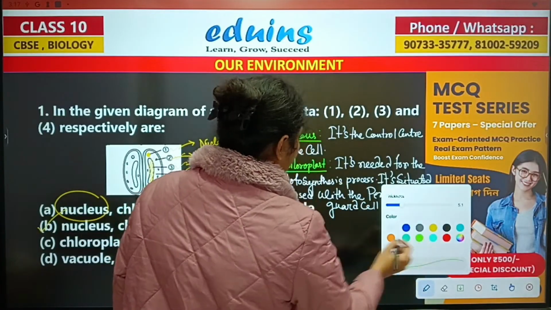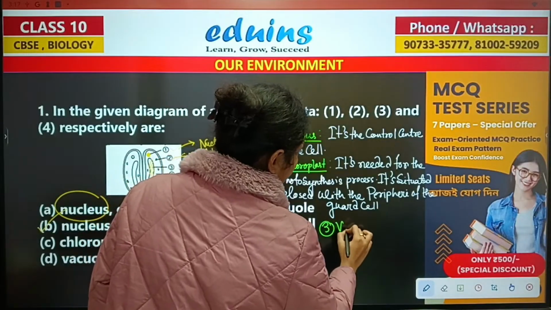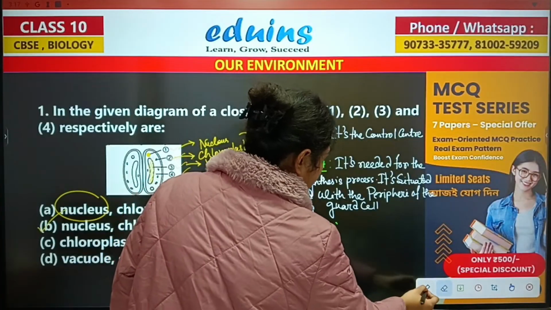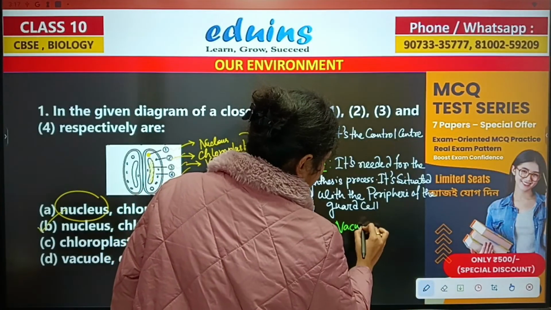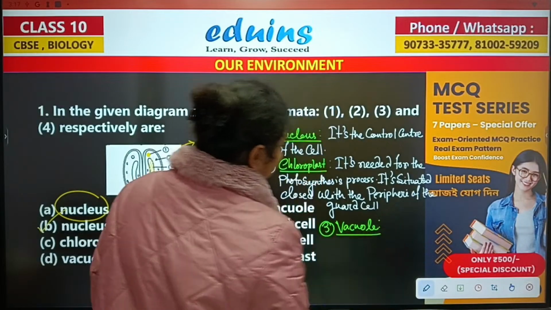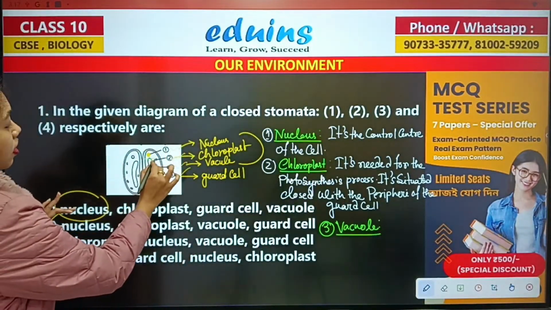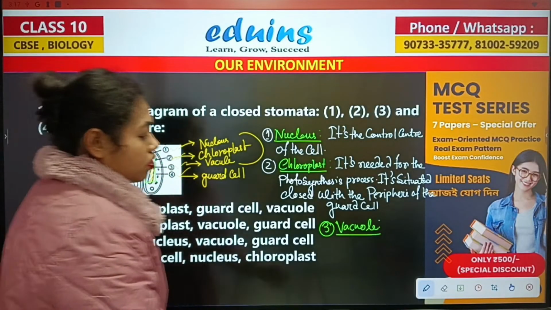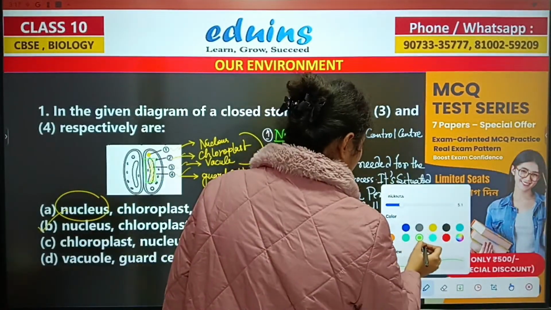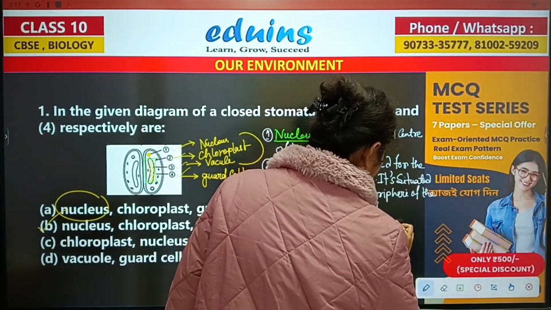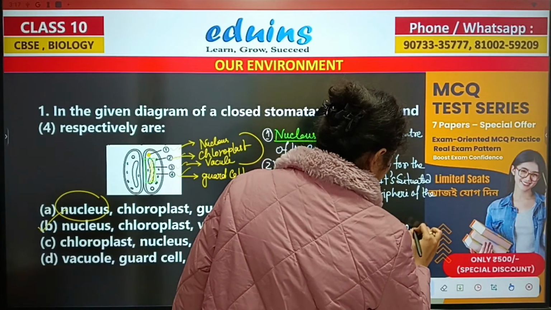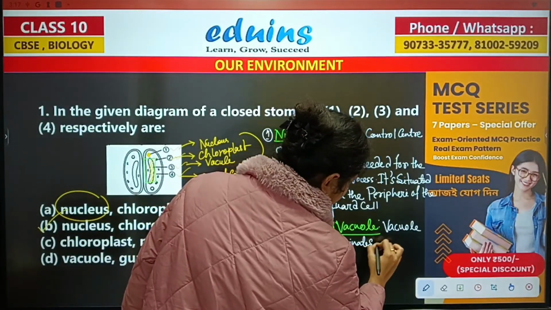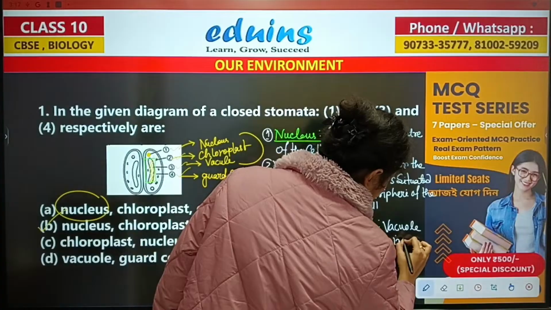Number three is vacuole. Vacuole occupies the inner part. You can see here in this diagram, the inner part is occupied by the vacuole. So the vacuole dominates the inner portion.